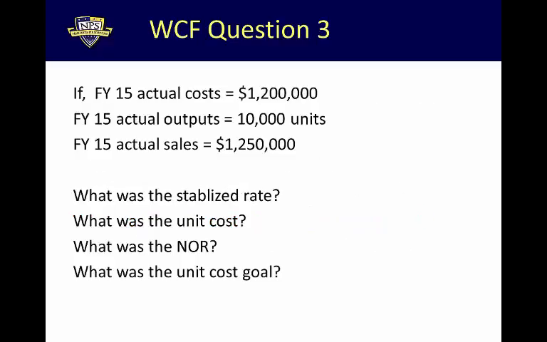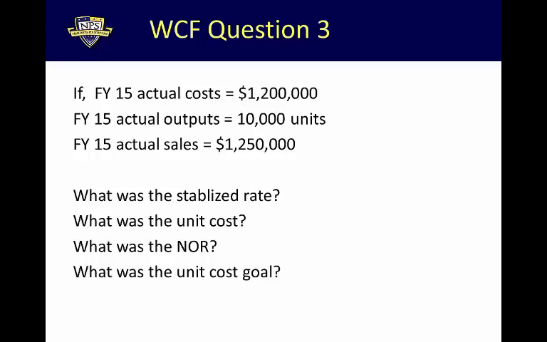If FY15 actual costs are 1.2 million and outputs are 10,000 units and revenue is 1,250,000, what was the stabilized rate? Remember, rate or revenue, say, which is the same as sales, is your rate times your output.